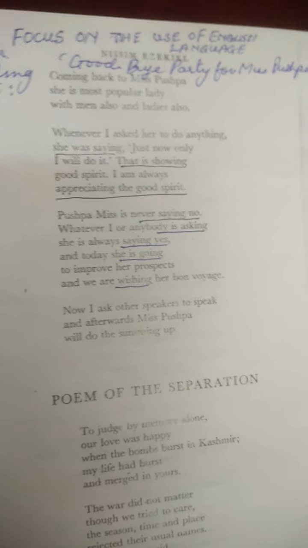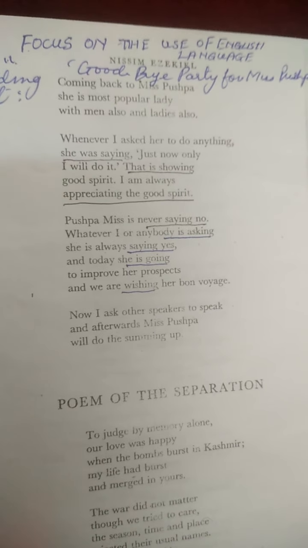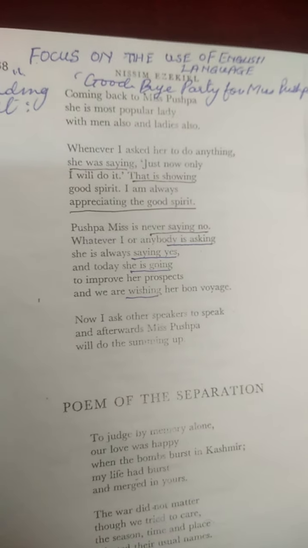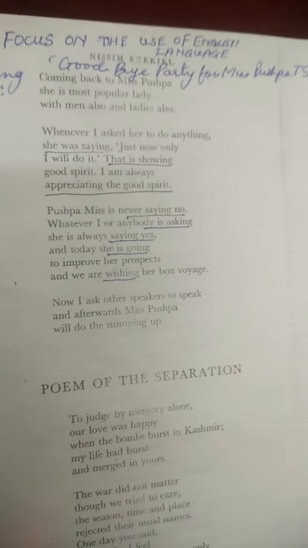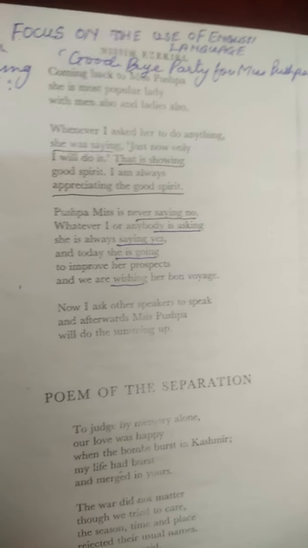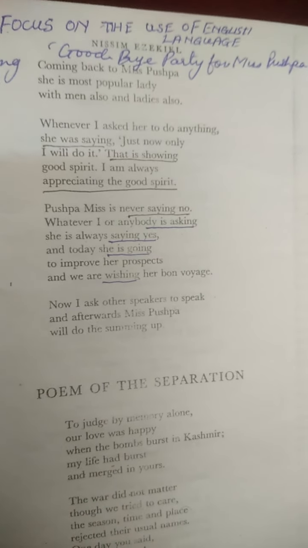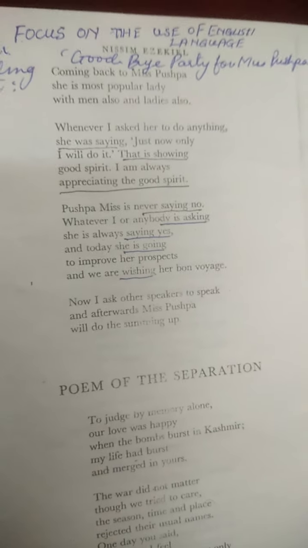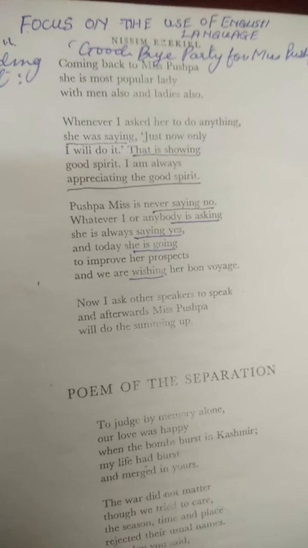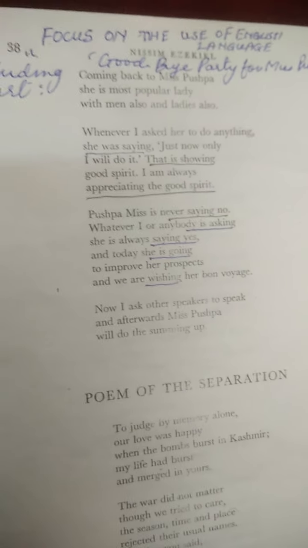Now you must know the use of the present continuous tense first, and then we will switch over to other important points which are necessary to discuss. If you are sitting in front of me and I ask you this question, even at primary level, the concept of tenses must be clear.